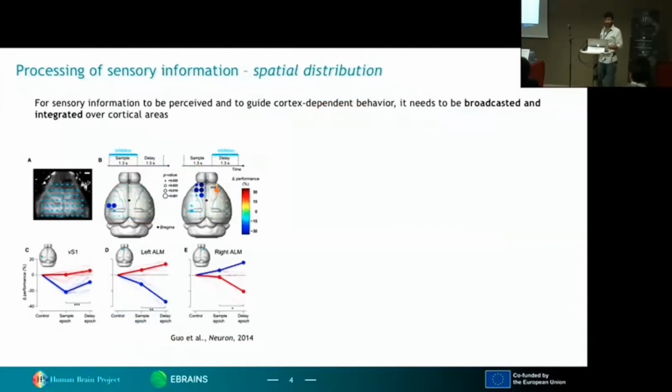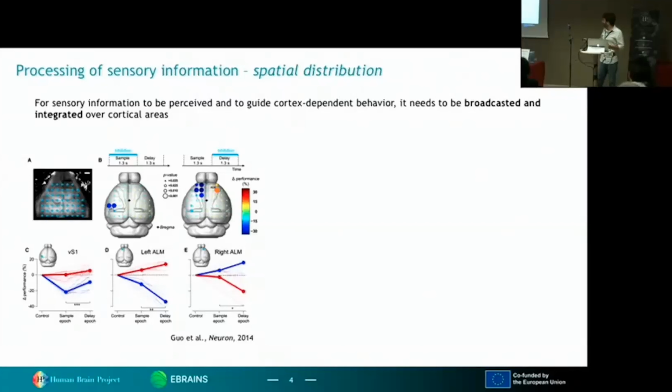And without going too much into detail, the second aspect that I want to stress here is the spatial distribution and the importance of the broadcasting of the information between different areas. Indeed, in this paper from the Karel Svoboda group, they optogenetically inhibited several areas in the mouse cortex. These mice are trained to perform licking behavior triggered by sensory stimulation.